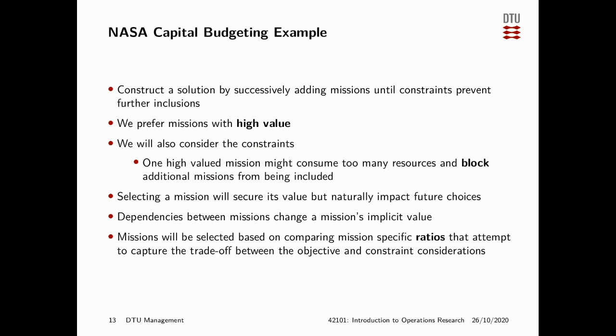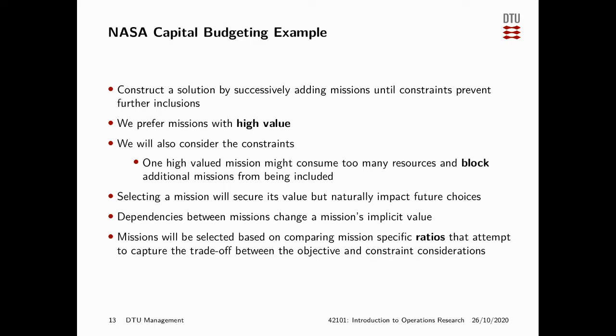Now let's design a greedy heuristic to solve this problem. The greedy heuristic is going to be an iterative approach, and it will successively add missions to the solution until the constraints prevent us from adding any more missions. It makes sense that we will prefer missions with a high value, since these are good in terms of the objective value, but it's not the only thing we will consider.